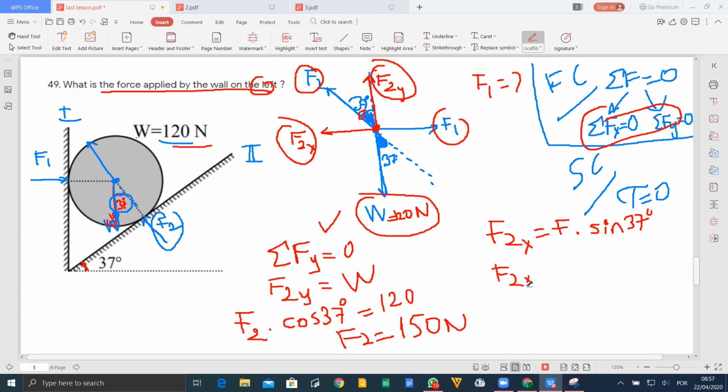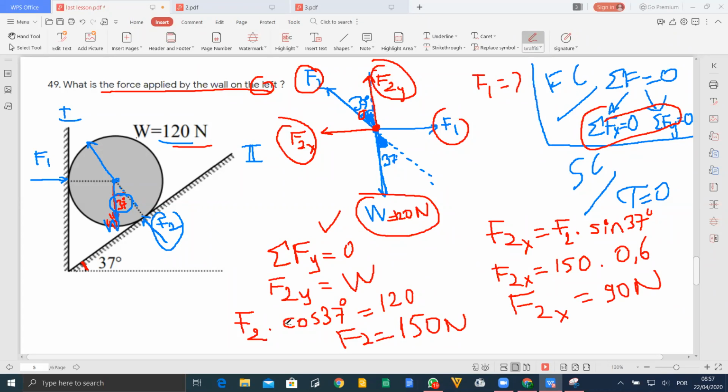So F2x is equal to F2, sorry, F2 is 150 times sine 37, which is 0.6. When we multiply 150 by 0.6, F2x will be 90 newtons.